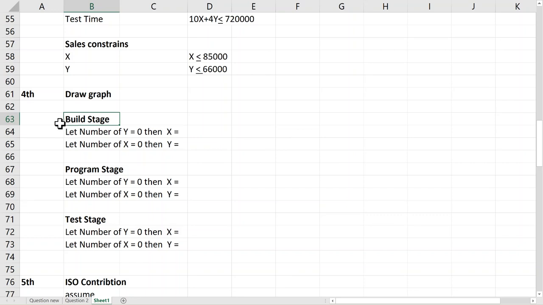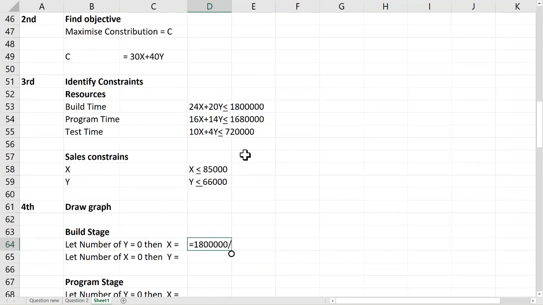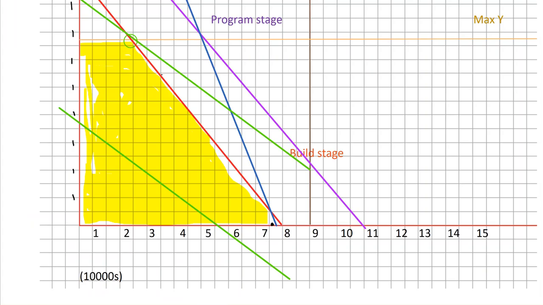So let y equal 0, x units would be 1.8 million minutes divided by time taken by x, which is 24. It would be 75,000 units of x. If we only make y, it would be dividing by 20, 90,000. So we could make 75,000 units of x or 90,000 units of y. So we put this on a graph.